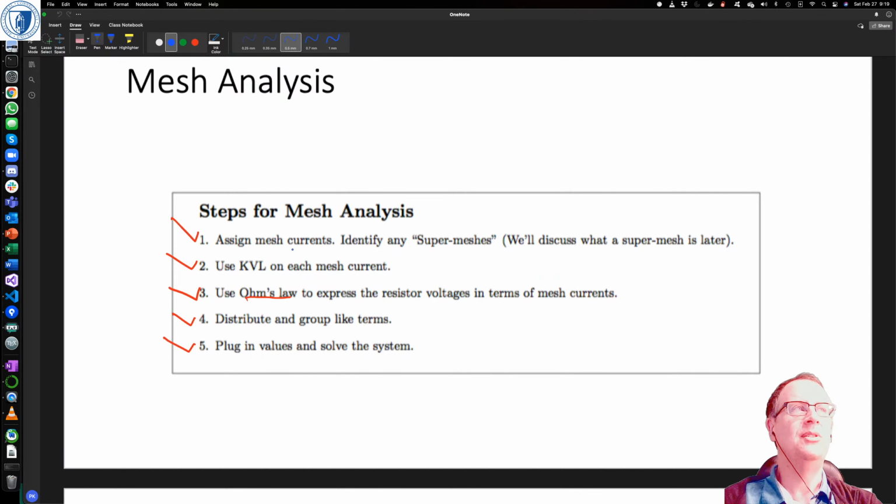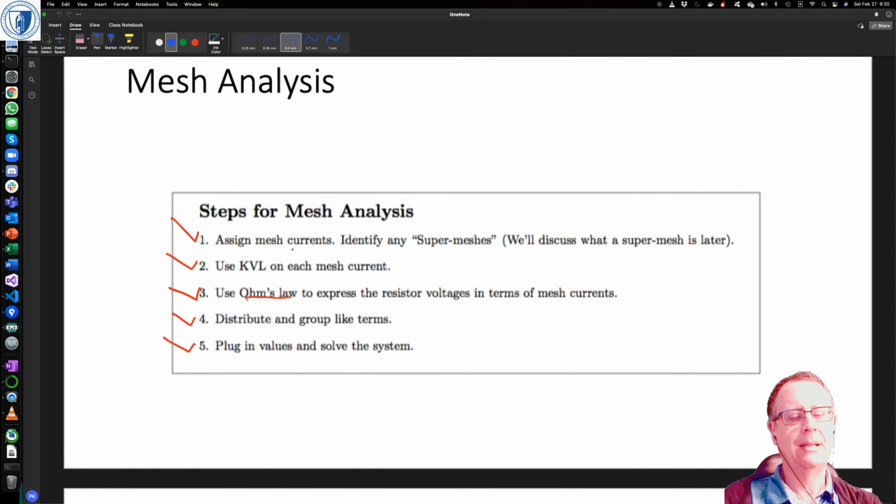One of them, what is a mesh? A mesh is a loop that doesn't cut a branch. I don't think I talked about branches yet. A branch is a circuit element.